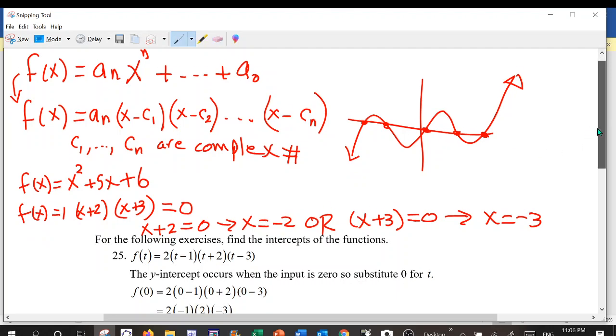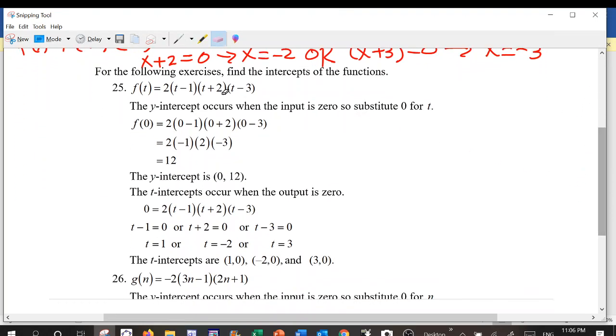So here in this problem, if we were to graph this, which we're going to do in the next section, we would know the x-intercepts and the y-intercept. There's only one y-intercept, but there could be many x-intercepts.